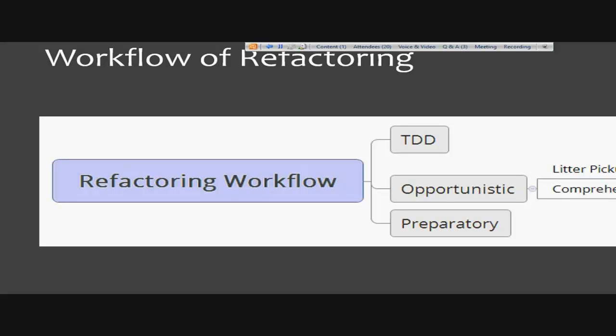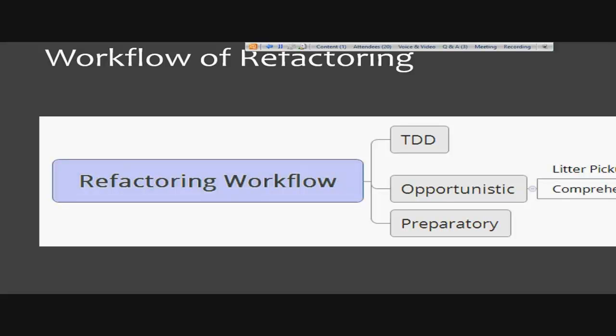Now we are asked to make the same taxing feature for India. That is something similar to an existing feature, so we first need to make small changes here and there to fit this feature. That is a preparatory refactoring, and that is your opportunity for doing it.